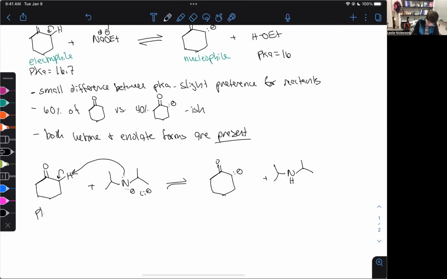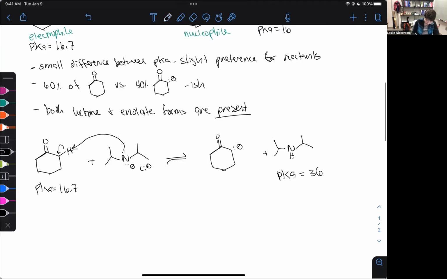So the pKa over here again is about 16.7. And then the pKa for the diisopropylamine is 36. Okay, we have a huge difference in pKa here.